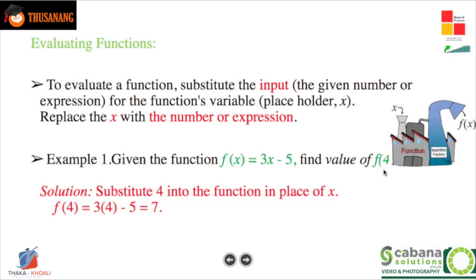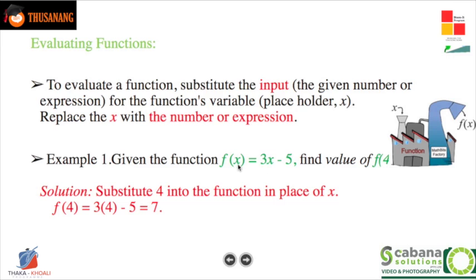In this case, you'll be aware that instead of f of x, now we have f of 4. What does it say? It says that in place of x here, now we are going to put 4, because now we have f of 4 instead of f of x.